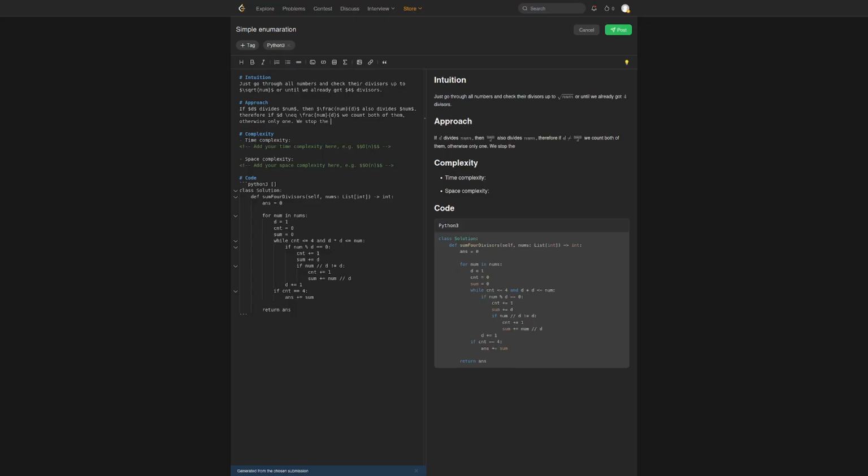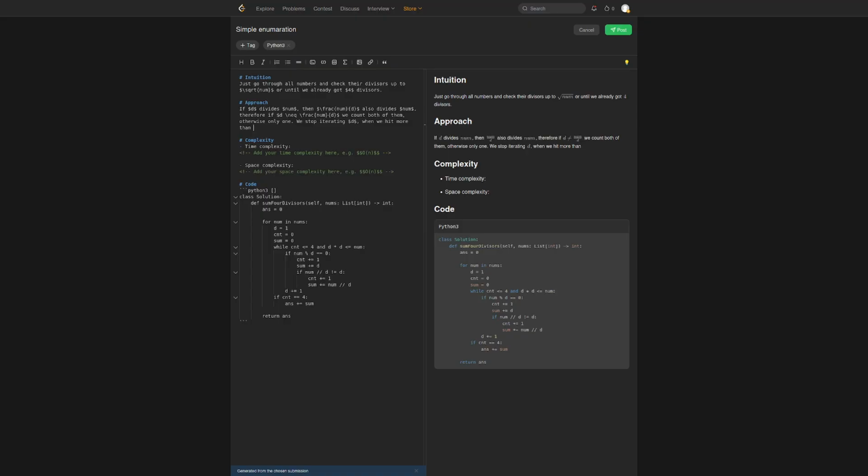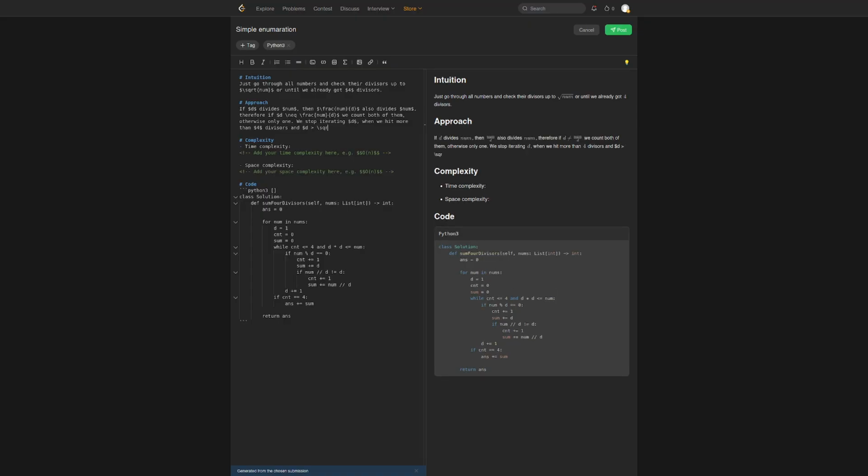We stop iterating D when we hit more than 4 divisors, or D is over the square root of num.